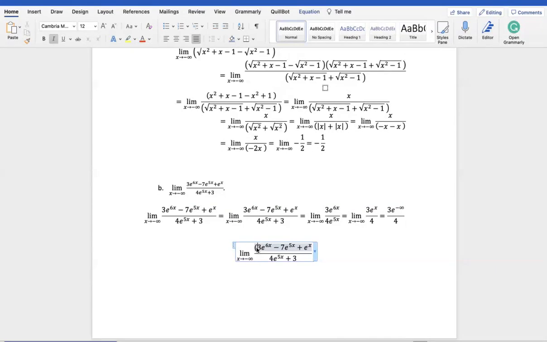So when you do that, you basically divide by e to the 6x here, right? And e to the 6x in the denominator as well, right?